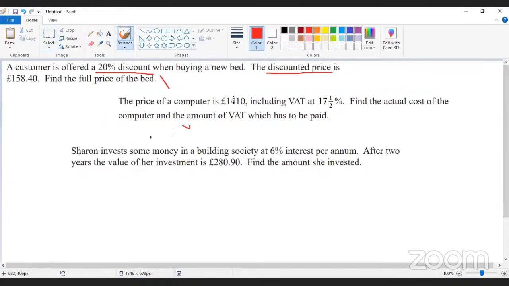So we had the value with 100 and so 480 and 12%. Same kind of questions only. This is also. So Sharon invests some money in the building society at 6% per annum. After 2 years, the value of the investment is 280.90 euros.